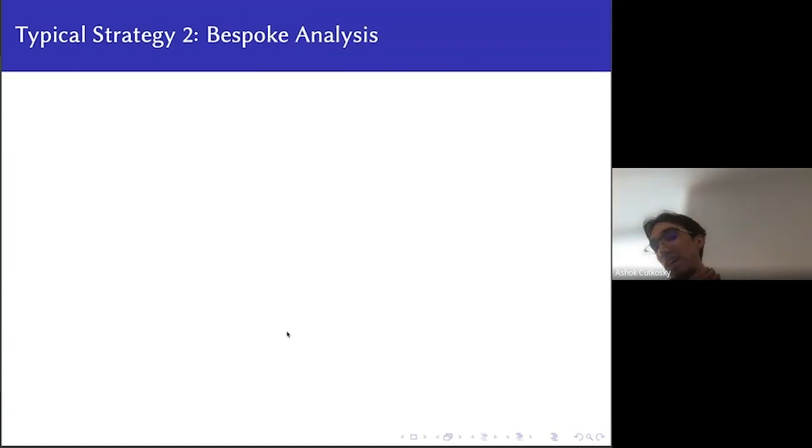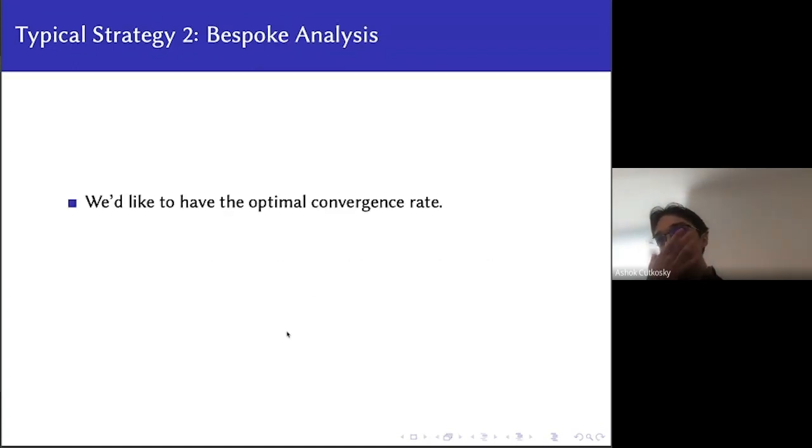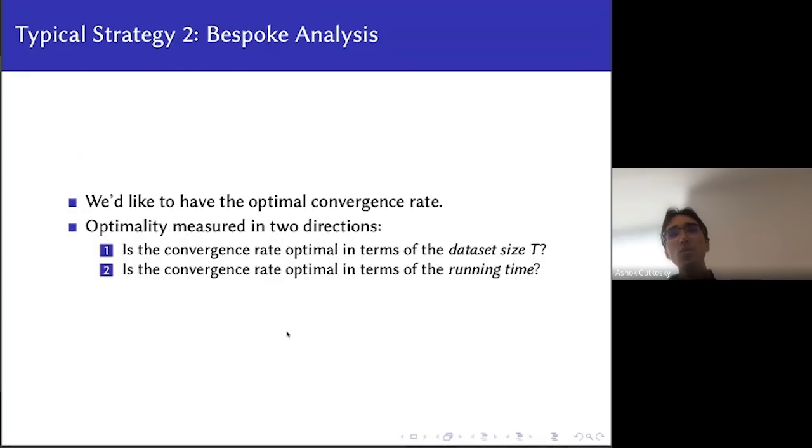So what can we do instead, right? We want to get the optimal convergence rate. And first, there's some question, what does it mean to have the optimal convergence rate? What does optimality mean in this setting? And there's two different directions that you could imagine. One of them is that maybe you should be optimal in terms of the data set size. This is a sample complexity measure of optimality, where you're saying that given a certain amount of data, I would like to make the excess risk as small as possible.